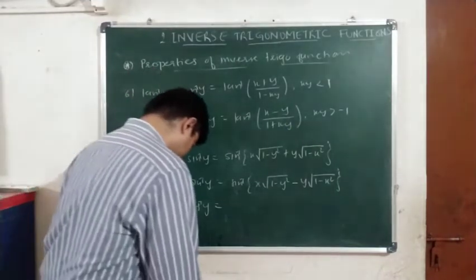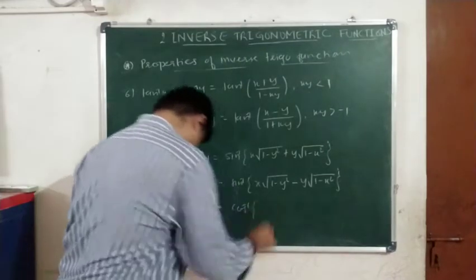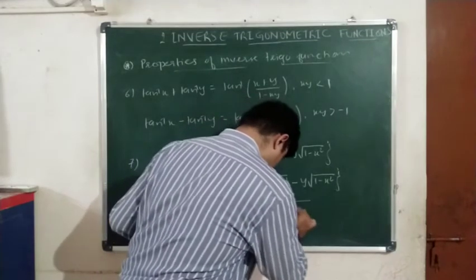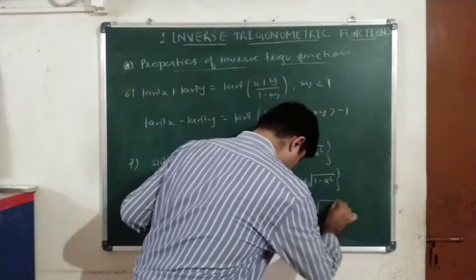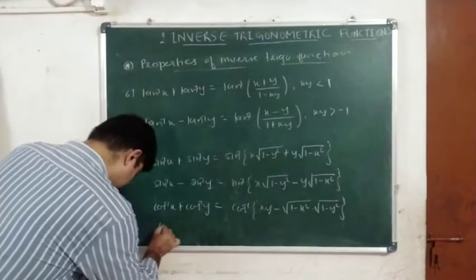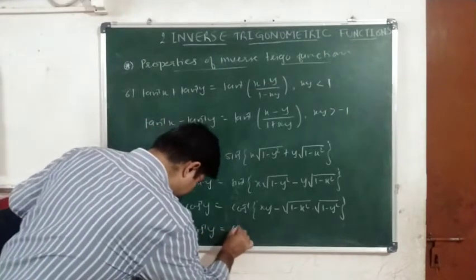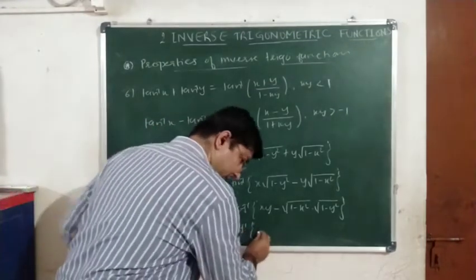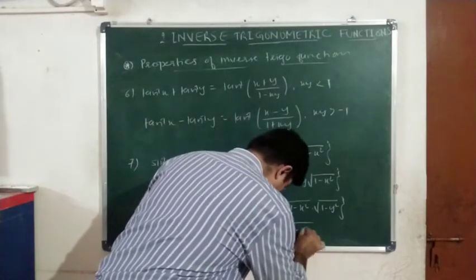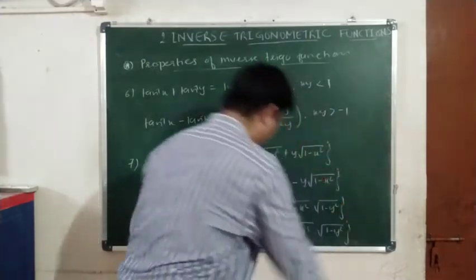Cos inverse x plus cos inverse y is equal to cos inverse of xy minus square root of 1 minus x square into square root of 1 minus y square. Similarly, cos inverse x minus cos inverse y is equal to cos inverse of xy plus square root of 1 minus x square into square root of 1 minus y square.